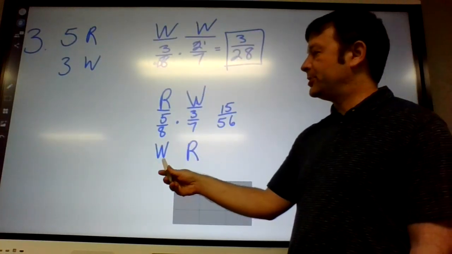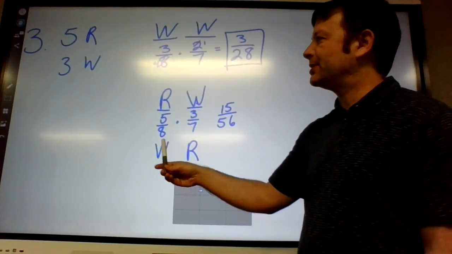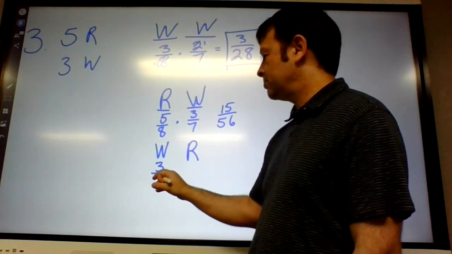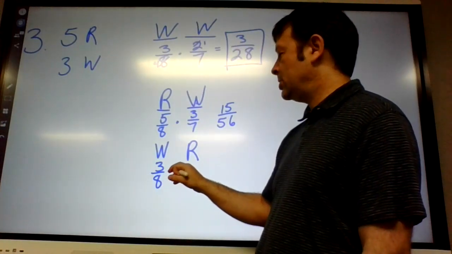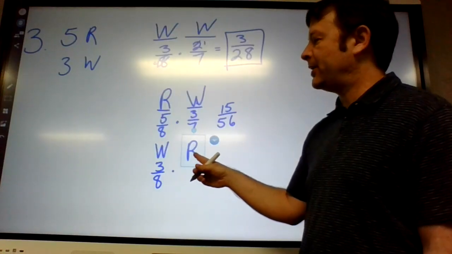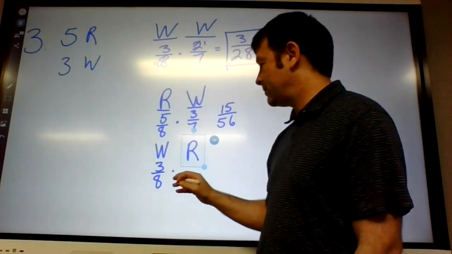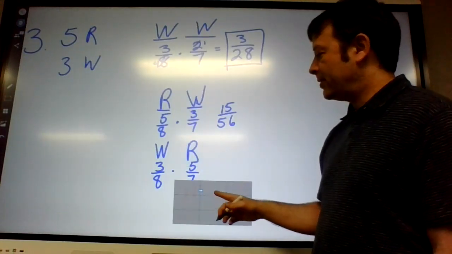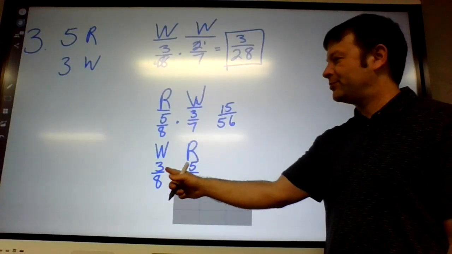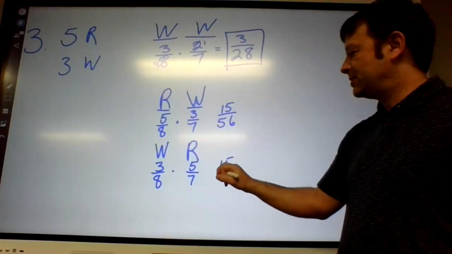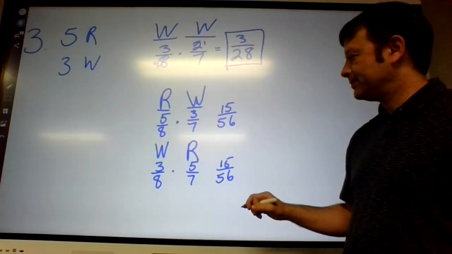Okay, what's the probability that our first draw is white? 3 out of 8. Okay, what's the probability that our second draw will be red after our first draw? 5 out of 7. 5 red, only 7 marbles left. Okay, even though these numbers are kind of switched around, it's still the same probability in both.